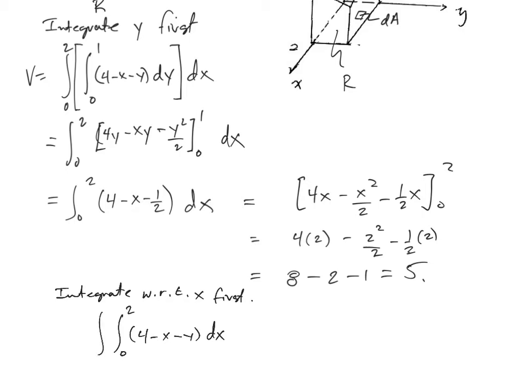The outer integral, after we do that, we're going to integrate with respect to y, where y went from 0 to 1. Okay, so from 0 to 1, dy. When I integrate with respect to x, I get 4x minus x squared over 2 minus x times y. I treat y like a constant. And x went from 0 to 2.